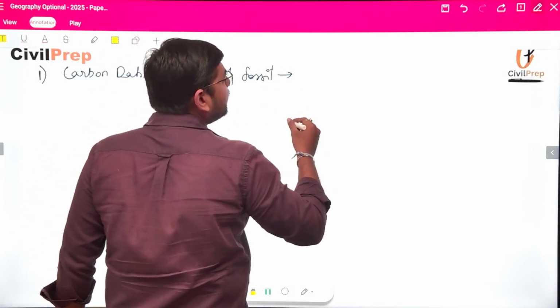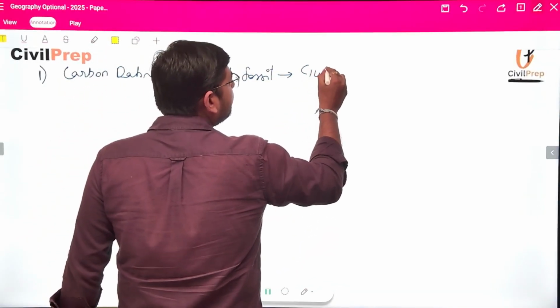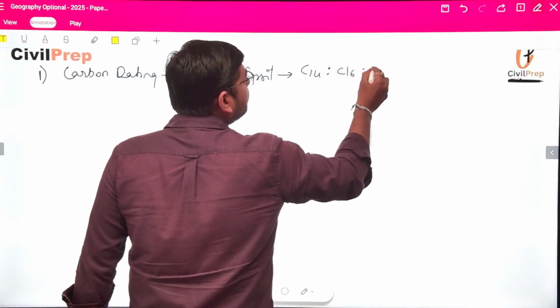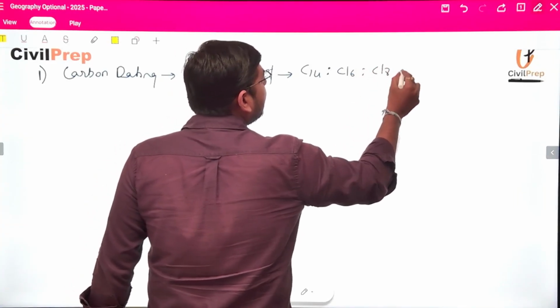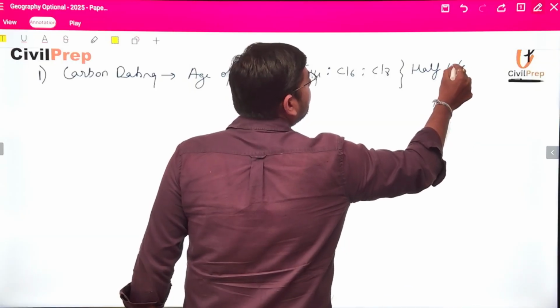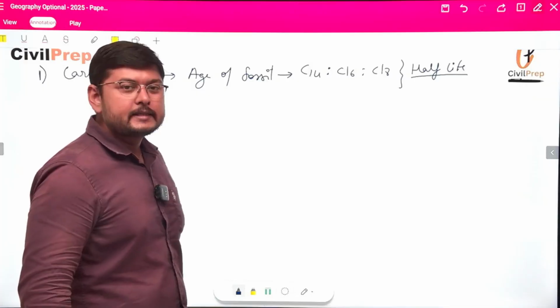This can be identified by carbon dating, where we are identifying the C14 with the ratio of C16 with the ratio of C18. Okay, they have their particular half-life. Okay? This half-life is studied by radiocarbon dating and their age is identified.